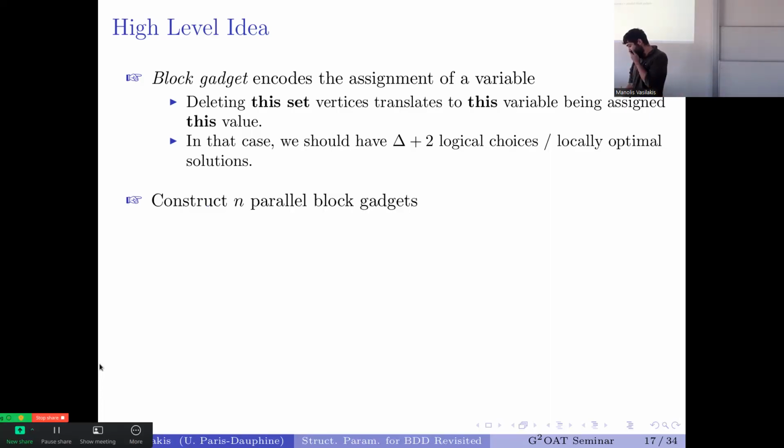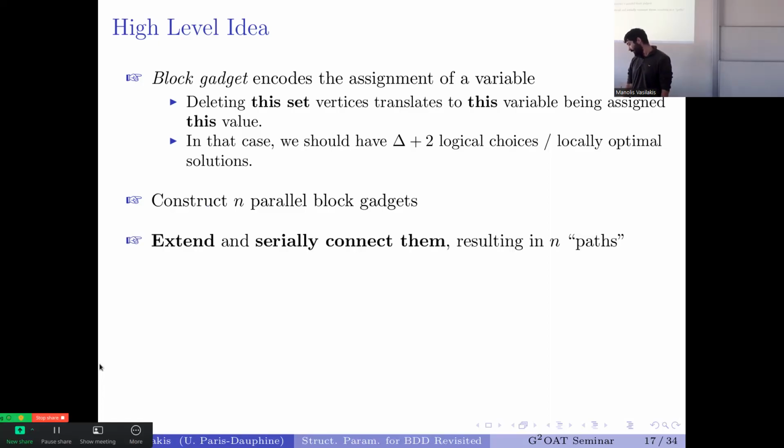Then we will construct n parallel block gadgets, one per variable. And we extend this construction and serially connect it, because every column of this construction will be used to verify that one constraint is satisfied. We want to verify that all of the constraints are satisfied, so we repeat this construction once per constraint.